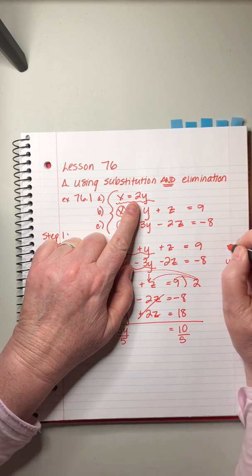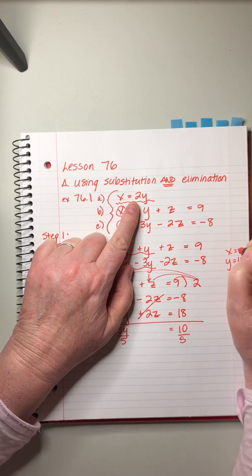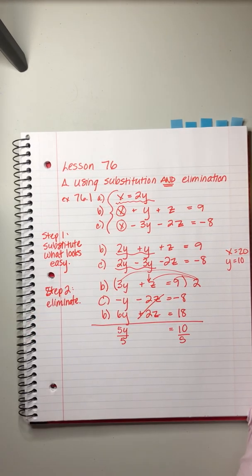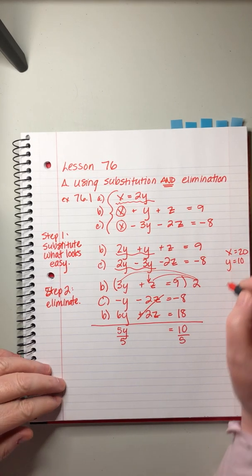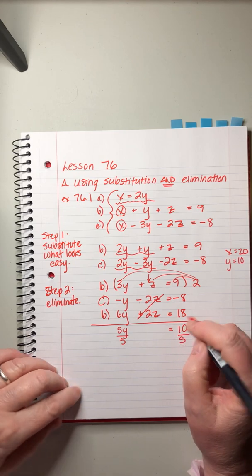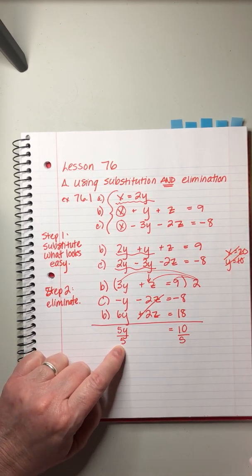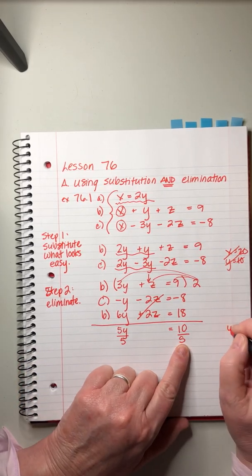Y equals 10, so I'm telling you what, x equals 20, right? And now, wait a minute. Oh, what in the world? I went crazy. I went off the rails. Sorry. Y equals 2.